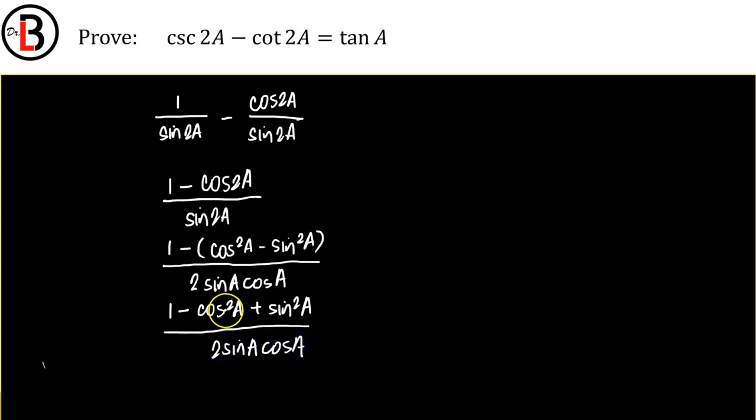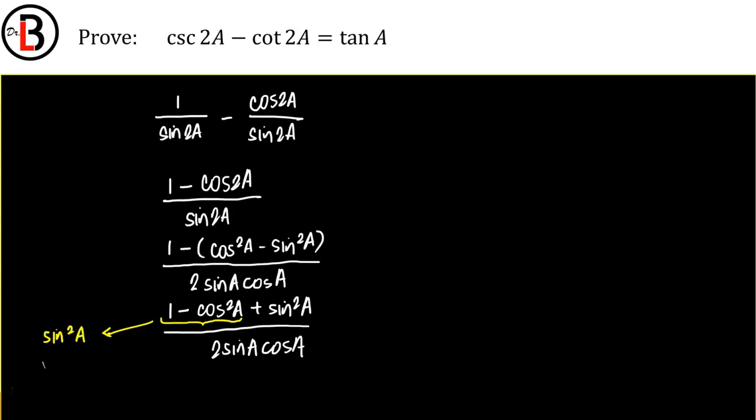Again, some of you might ask, why did I have to change the sine 2A into simply A? Because the right side that I would like to prove only contains tangent of A, not tangent of 2A. So if you notice in here, this term 1 minus cosine squared A is actually sine squared A. That is the Pythagorean identity.